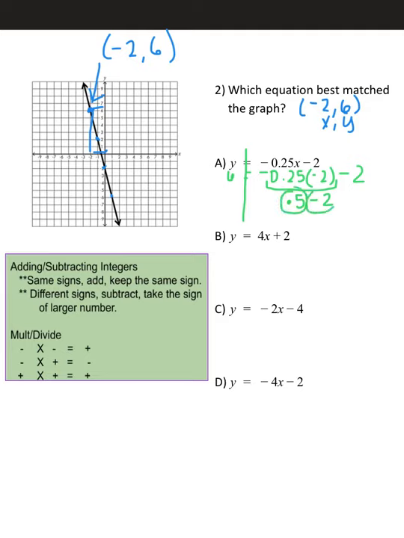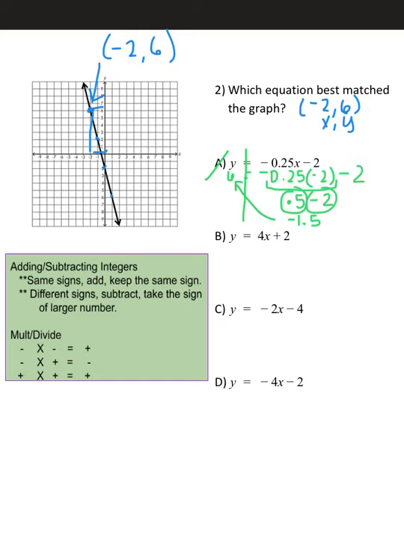I have a positive and a negative number, so that means I need to subtract the 2, and when I subtract 0.5 minus 2, I get 1.5, and the rule over on the side says different signs subtract, take the sign of the larger number. Well, the 2 is the larger, so I'm going to take the negative. Now, negative 1.5 does not equal 6, so A is not the answer.